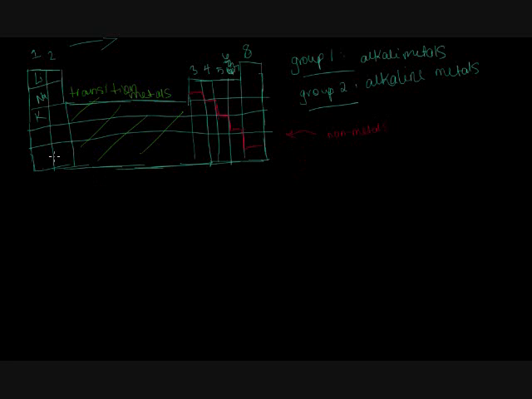Alright? And this side is metals. That's important to know. Now, the elements that the staircase touches, this is called a staircase by the way, are called metalloids. And the reason they're called that is because they have characteristics of metals and nonmetals alike.